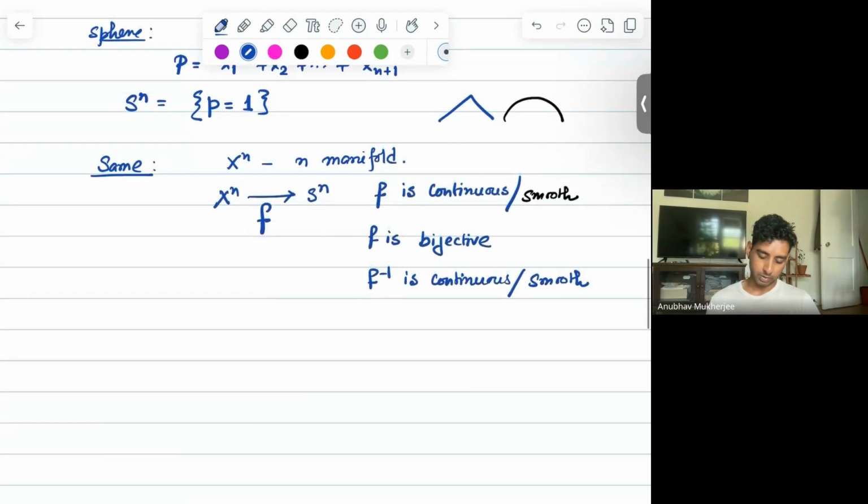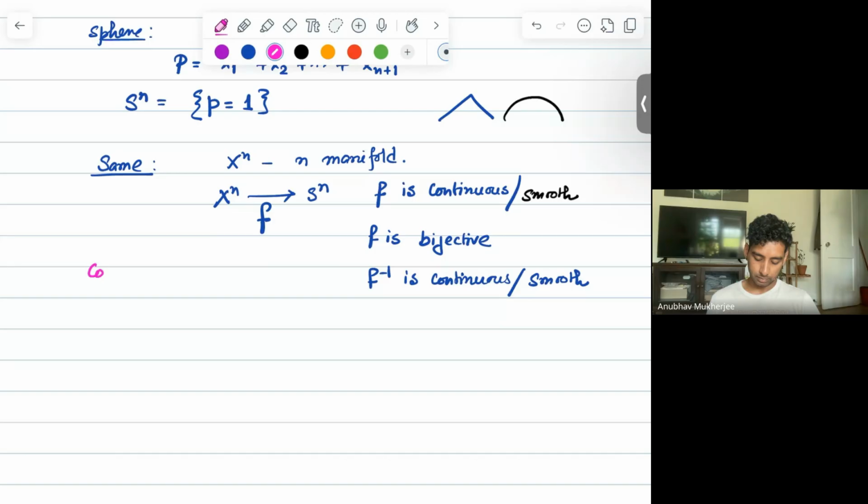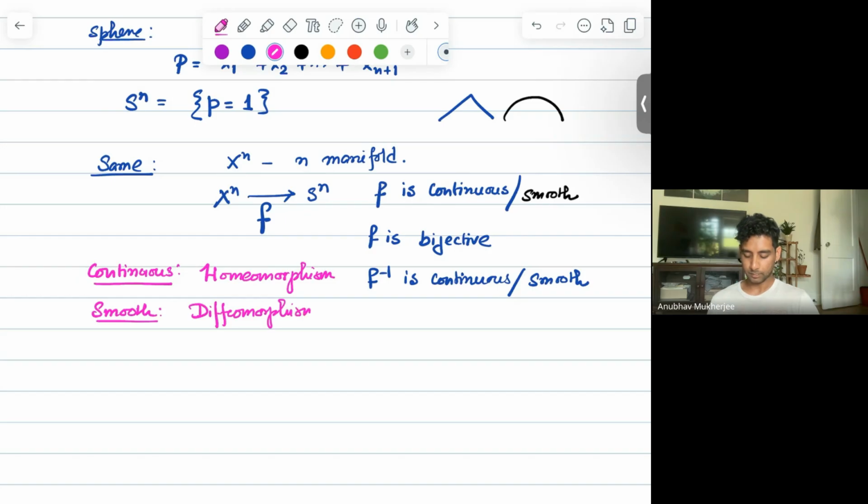In the case of the continuous category, we call this a homeomorphism. In the case of the smooth category, we call it a diffeomorphism. Okay, are these two terminologies clear to everyone?